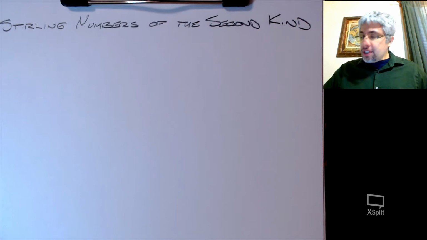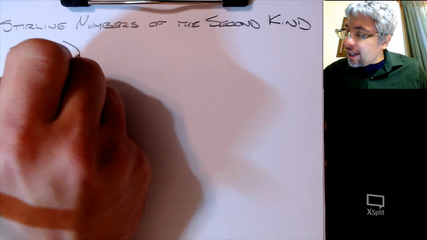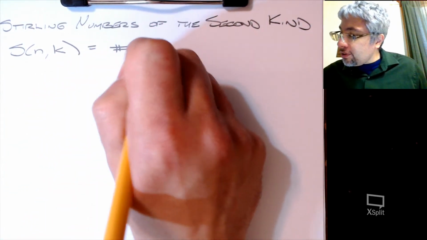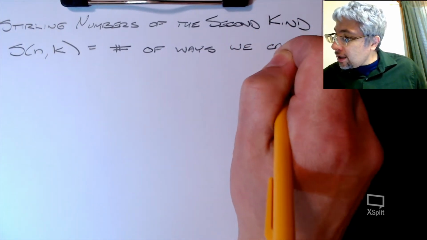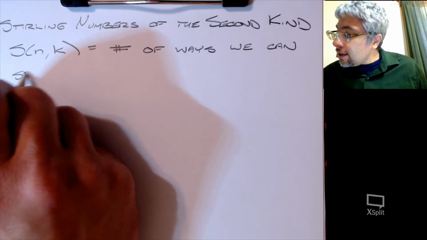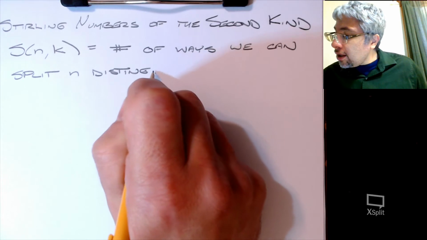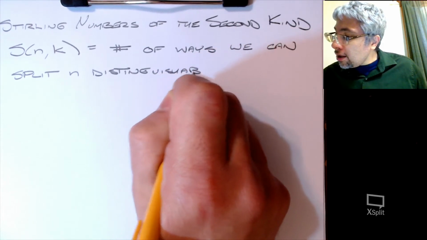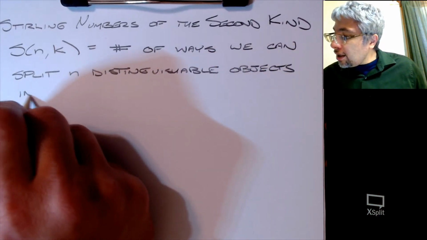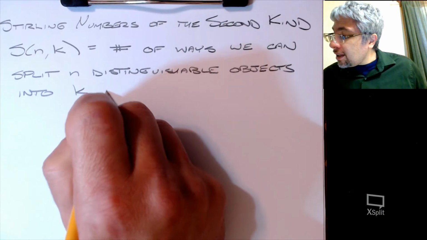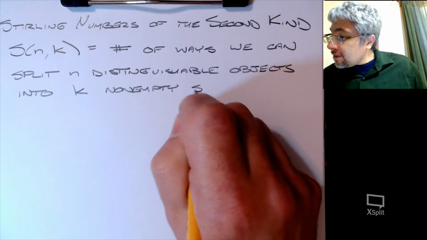Okay, and the notation, well, instead of C(n,k) or P(n,k), we're going to use S(n,k). And this is going to be equal to the number of ways that we can split n distinguishable objects into k non-empty subsets.